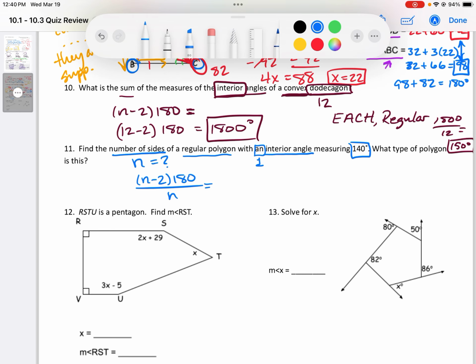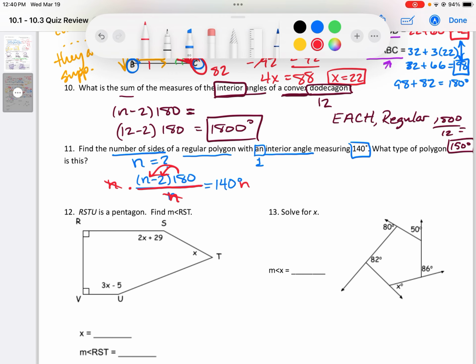And we're trying to solve for n, but we know that the answer to this equation is going to be 140 degrees. So this one we just have to solve algebraically. So first, I need to cancel out this n. Right now it's being divided, so I'm going to multiply. These will cancel out.